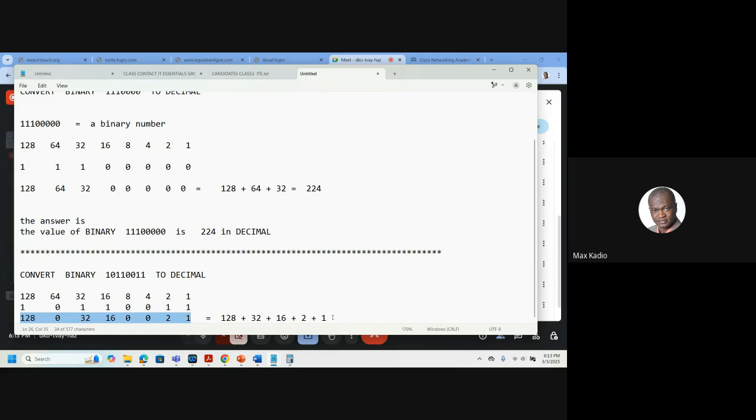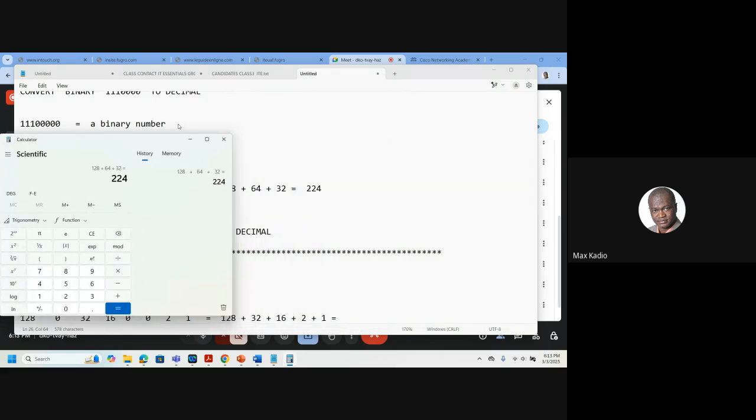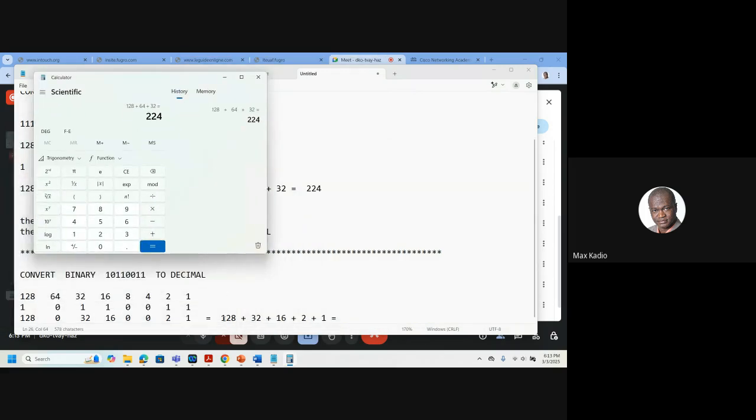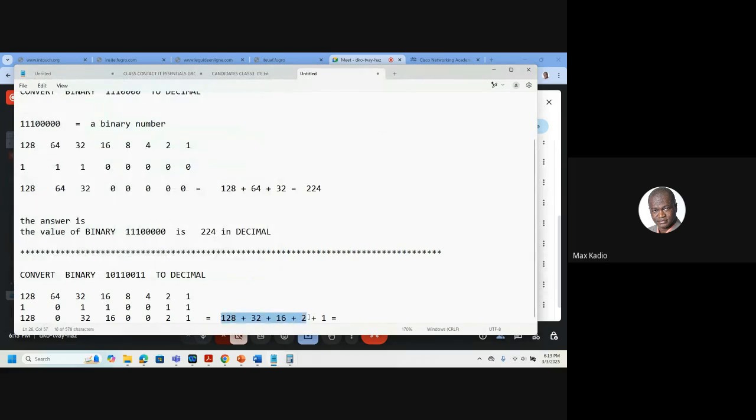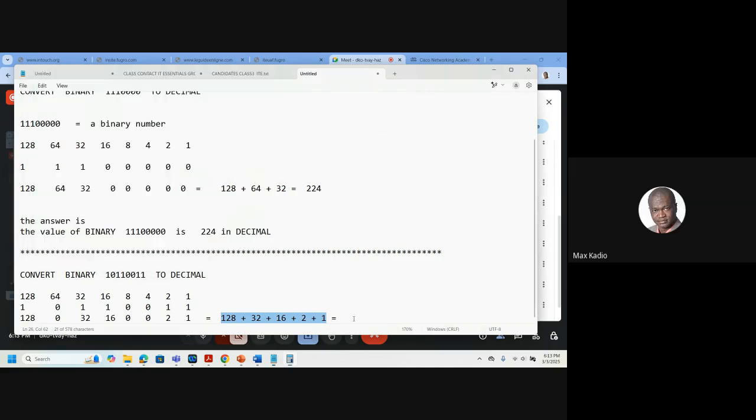And you take your calculator. So I clear what I did. So 128 plus 32 plus 16 plus 2 plus 1 equal. Oh, sorry. 179. So this is the correct answer now? Yes. 179. Great. Congratulations. Well done.